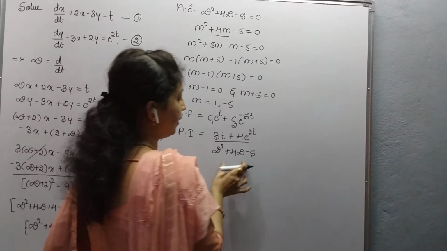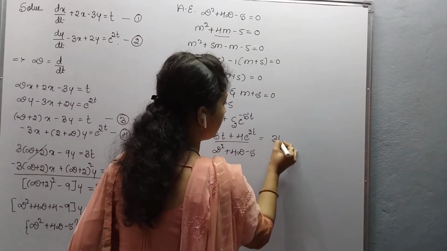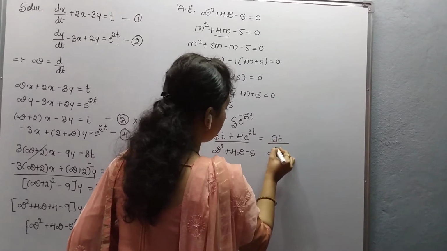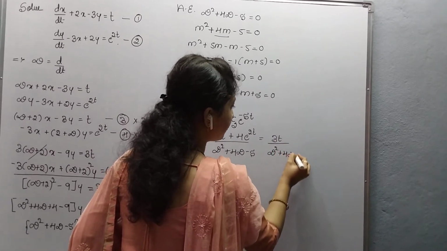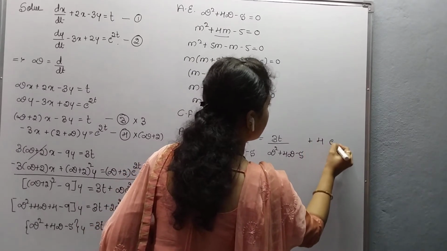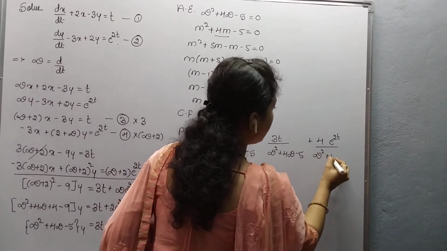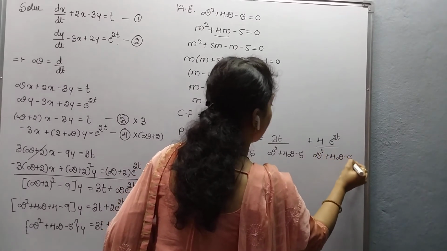Now we split this into two terms: 3t divided by (D^2 + 4D - 5), plus 4e^(2t) divided by (D^2 + 4D - 5).